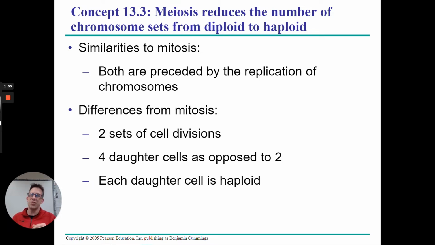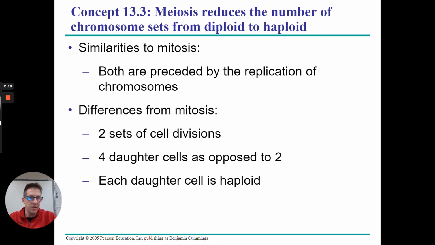Not only that, it should technically be genetically distinct, and we'll discuss how that happens more in depth in the final video. So there are some substantial differences between these two processes, although there are some similarities that will help you learn the events of meiosis a little more quickly.